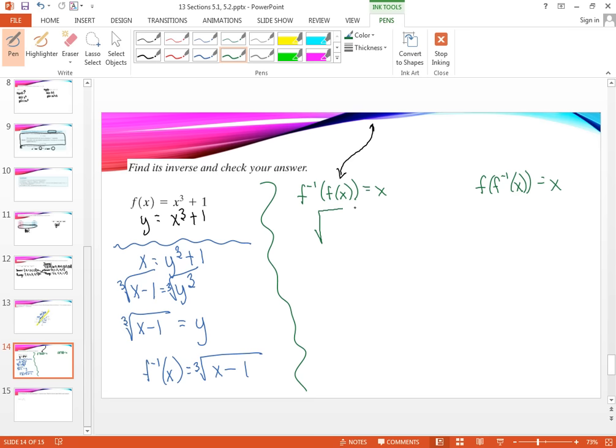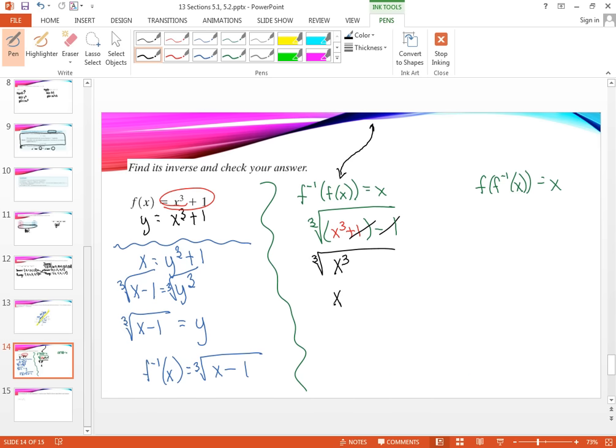So that's the cubed root of something minus 1. And the something that we're going to plug in, f, is x cubed plus 1. So this is the cubed root of x cubed plus 1 minus 1. So this is the cubed root of x cubed, which is x, which is exactly what it's supposed to do. It is not supposed to do anything weird.